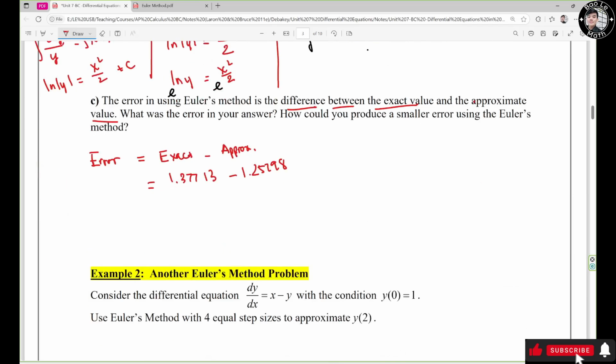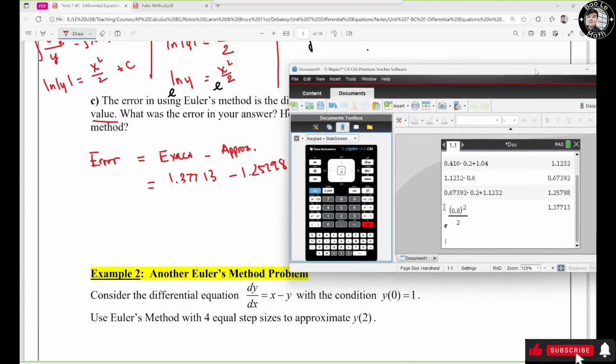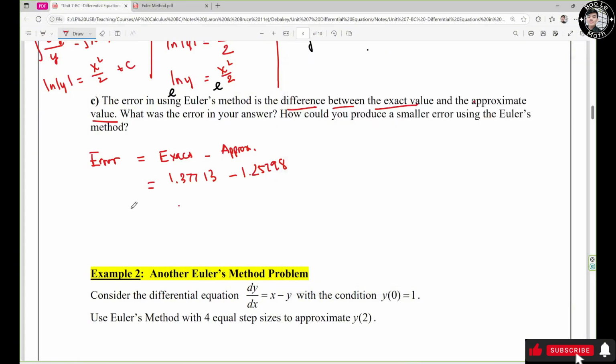So I'm going to bring up the calculator. I need to subtract 1.25798. Hit enter. The answer is 0.119148.